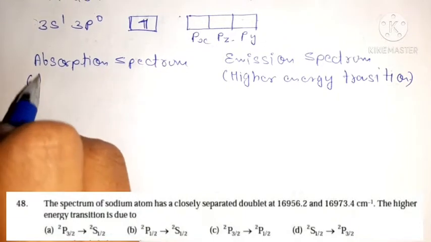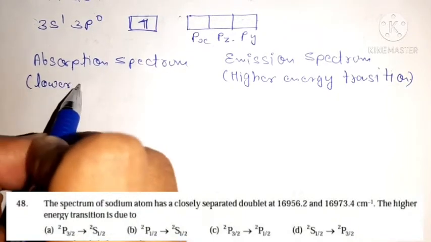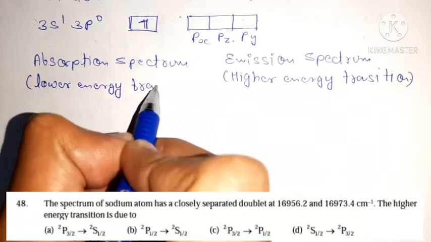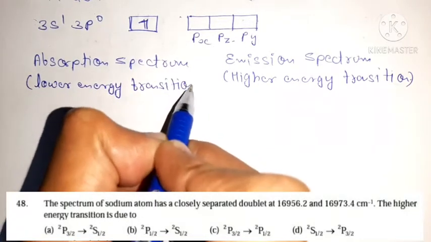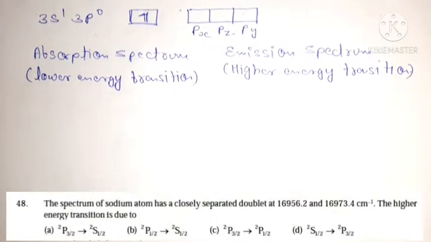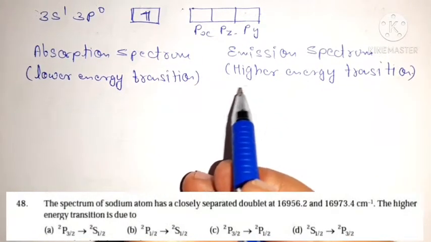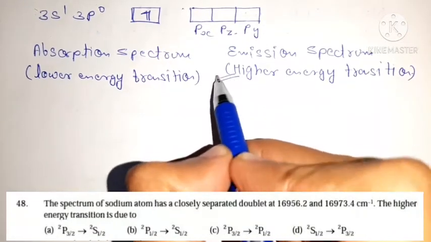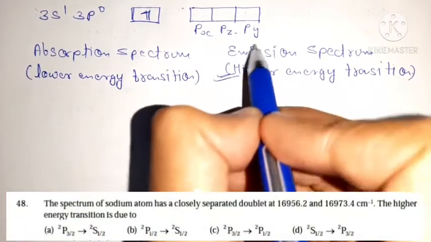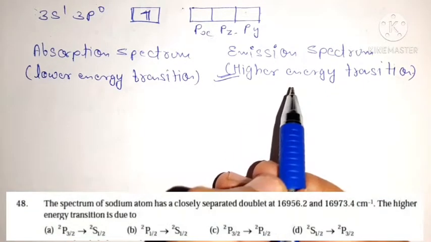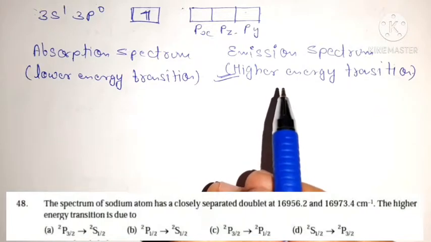And when we talk about lower energy transition, that means we talk about absorption spectrum. You clearly see that in this question we only talk about higher energy transition, that means emission spectrum.